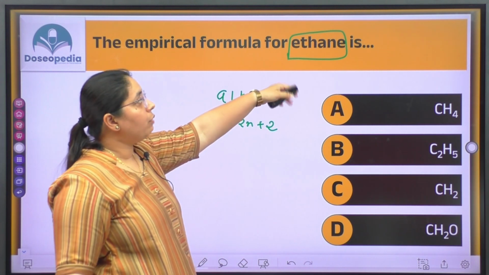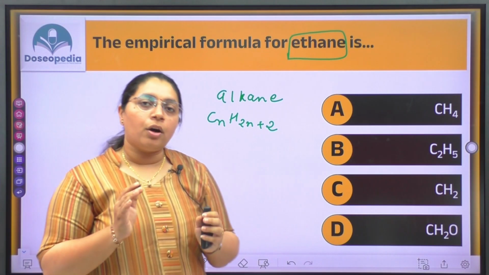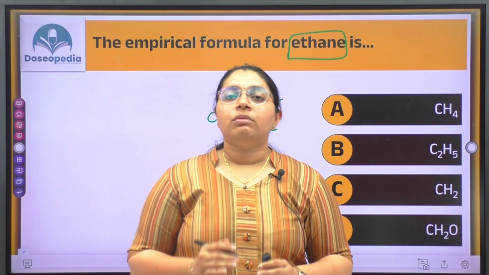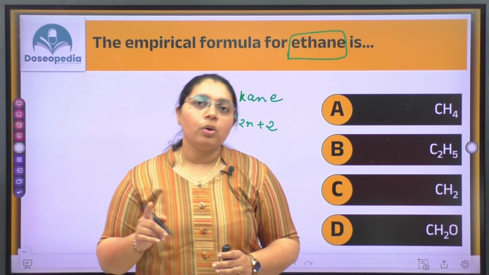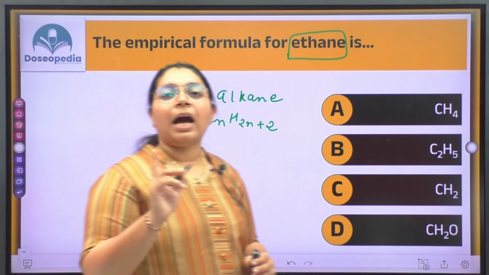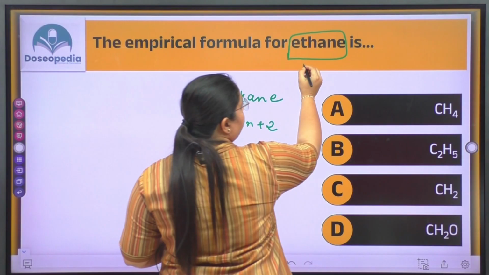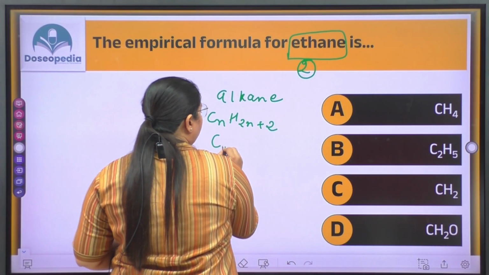Now here we have the prefix eth. These are the rules of nomenclature for organic compounds, which we will see in the upcoming lectures. But for now, eth means carbon number 2. So how many carbons will be present in ethane? 2. So let's put n equal to 2.